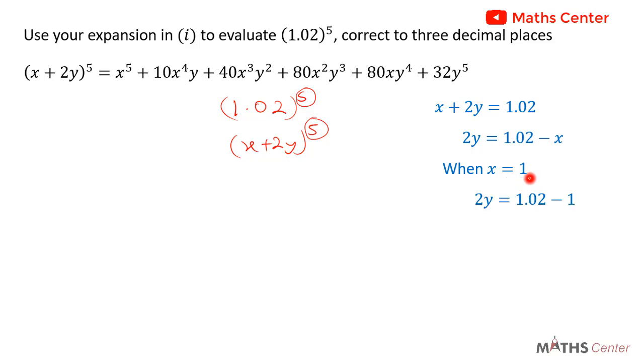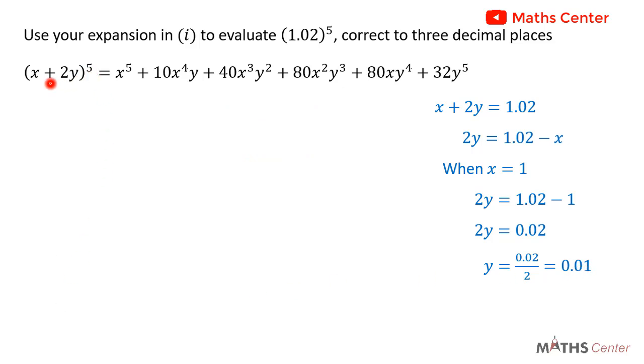When I choose x is equal to 1, the equation becomes 2y is equal to 1.02 minus 1. 1.02 minus 1 gives us 0.02. So 2y is equal to 0.02. To get y, we divide both sides by 2, and so y will be equal to 0.01. So if we are going to use this expansion to evaluate 1.02^5, I'm going to substitute x is equal to 1 and y is equal to 0.01 into the expansion.